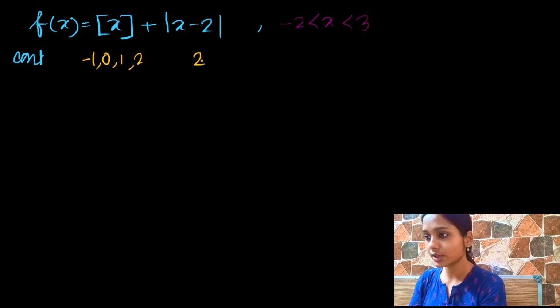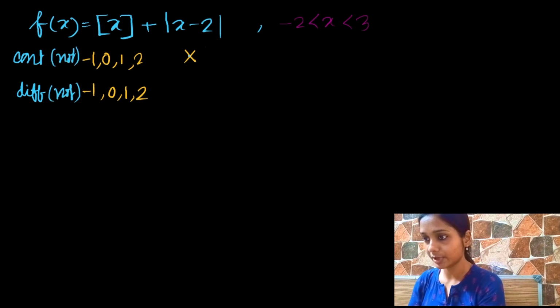For differentiability, this function is not differentiable again at those points -1, 0, 1, 2. The |x - 2| part is continuous everywhere, and is not differentiable at 2.